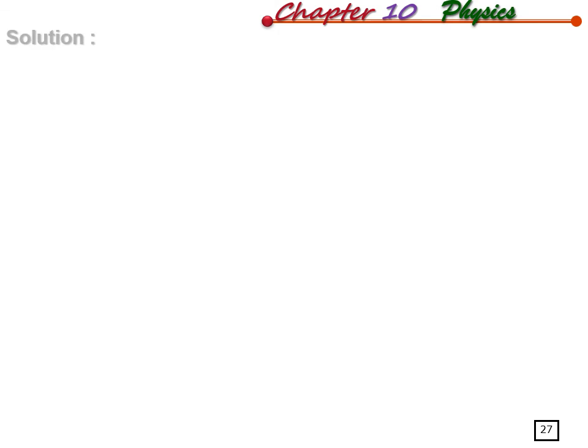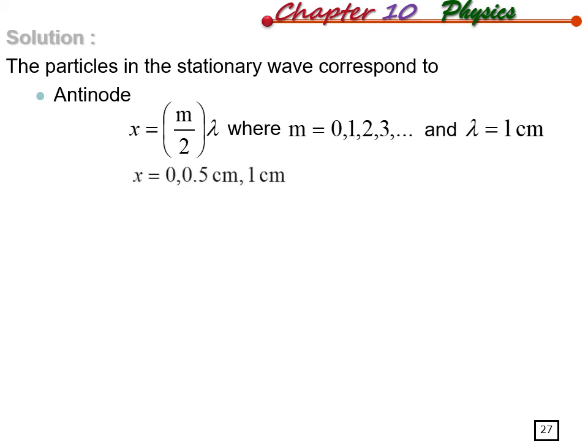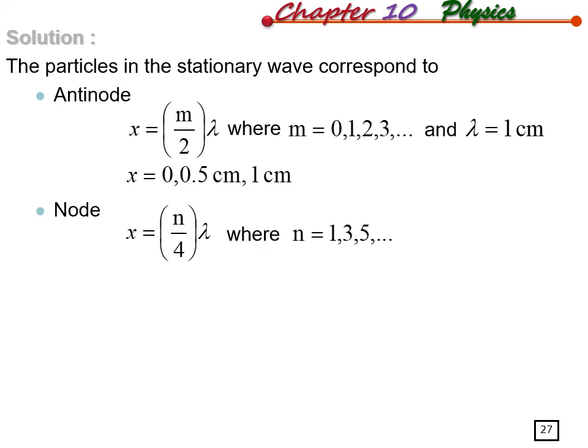The particles in the stationary wave correspond to antinodes, so this is to determine the antinode positions. When λ is equivalent to 1 cm, you will get the antinode at 0, 0.5 centimeter and also 1 centimeter. And for node, n over 4 λ, where n will be equivalent to 1, 3, with λ 1 centimeter, that means you will get a node at 0.25 and also 0.75 centimeter.